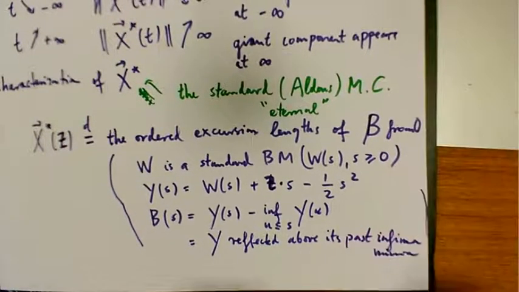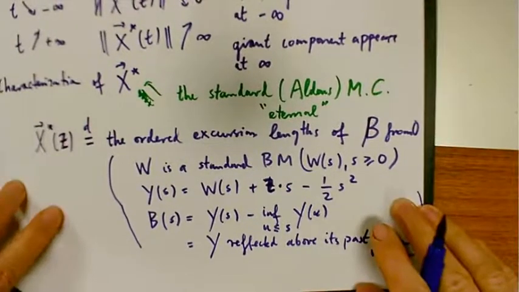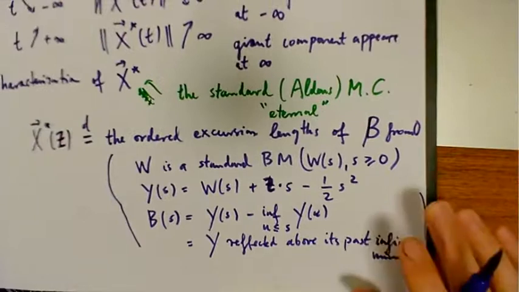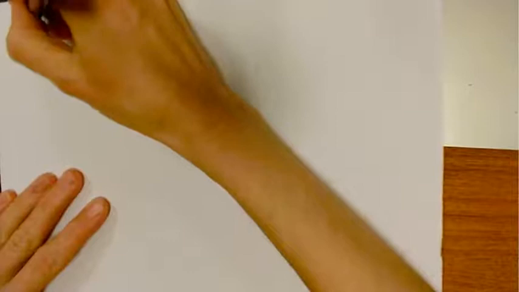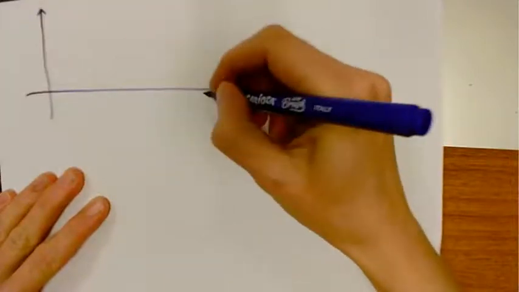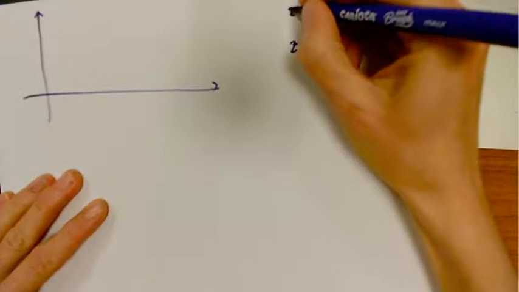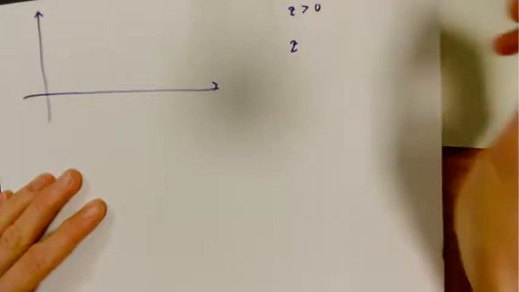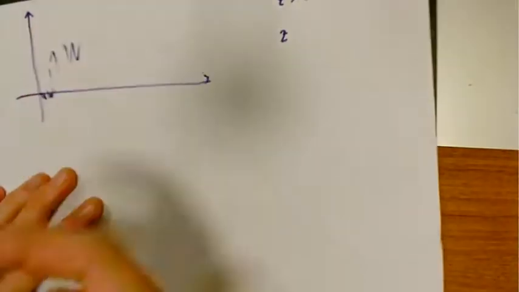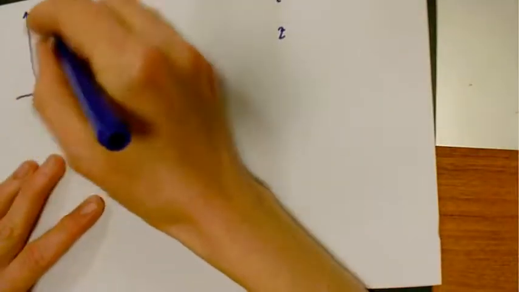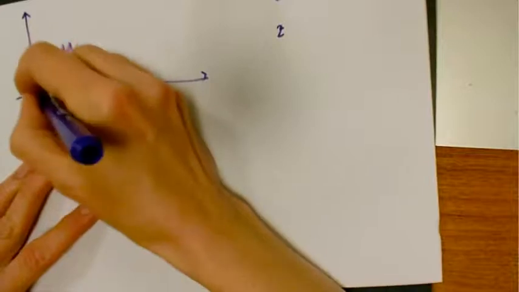Let's draw a graph, maybe some graphs. I need just one more page. There is W, a Brownian motion. If Z is some number, let's say bigger than 0, it is going to be the same. So you have Brownian motion, which nobody knows how to write, but we all try to draw it, and then there is a parabola.